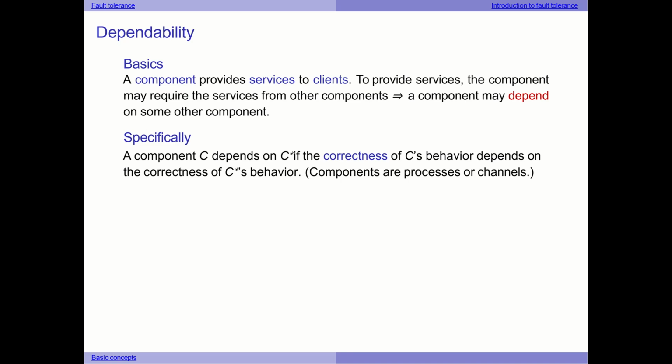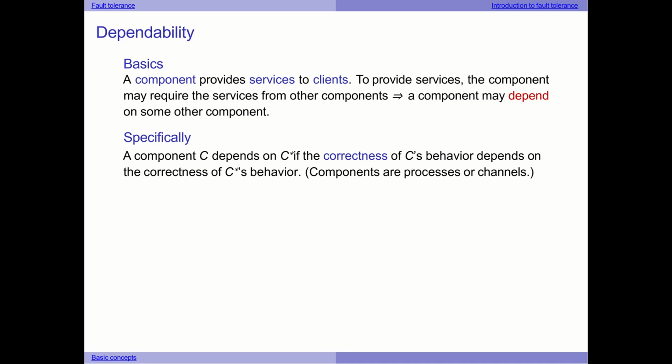To provide services, the component must require the services from other components, and a component may also depend on some other component. Again, think of it like a layered architecture. If a layer is required to provide services to another layer, they must provide that.